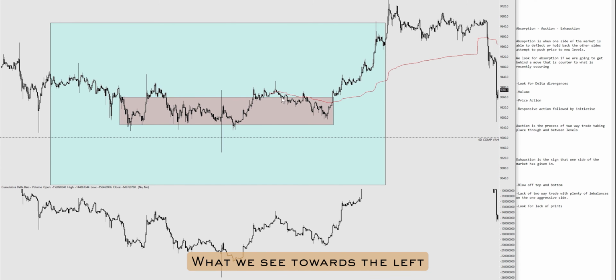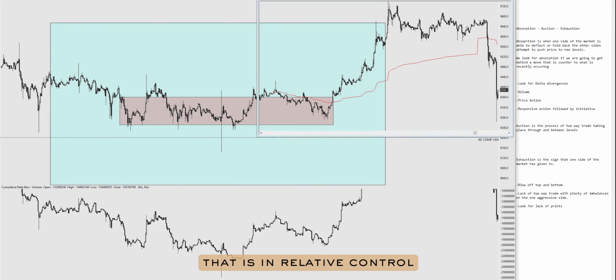Okay, what we see towards the right-hand side of the structure is that there's still aggressive selling. But for this aggressive selling, we're not doing anything to take it back down to the low, right? We're still having much more active buyers overwhelming any kind of aggressive selling that's coming into the market. It appears that there is one side that is in relative control.